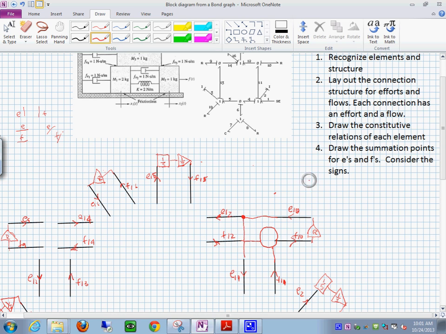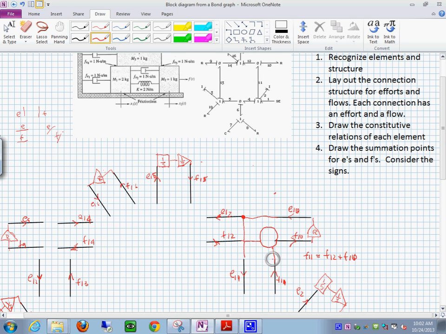You see in here, here's where these arrows are important. The equation of the system here is saying that F11 is equal to F12 plus F10. I'm using the arrows in here. This is the way this junction works.